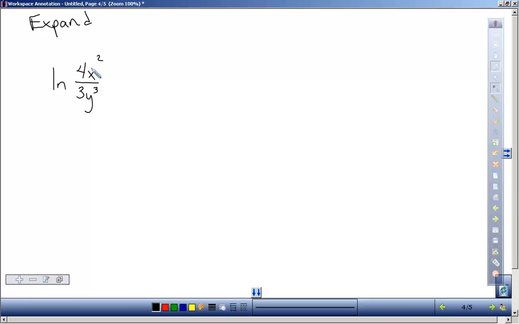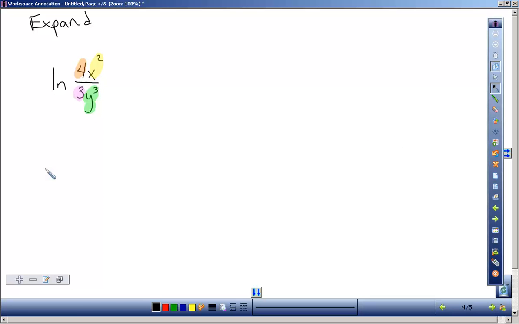What I generally do is I realize that anything on the top of a fraction inside of a log is going to end up in a positive log. Anything in the denominator, because it's dividing, should end up inside of a negative log. So there's really four things going on here. I have a 4, I have an x squared, I have a 3, and I have a y cubed.